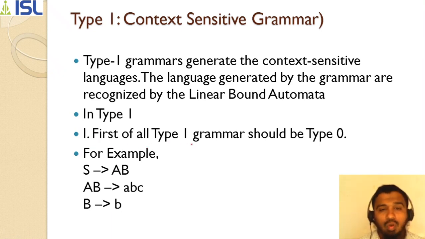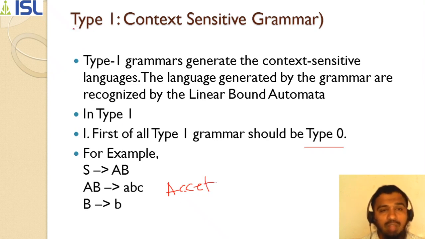First of all, every type 1 grammar should be type 0. For example, S to AB. In place of AB you can write terminals and you can solve this. Context sensitive grammar will accept or reject.